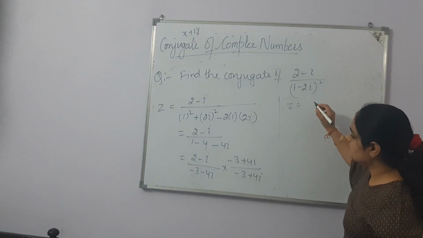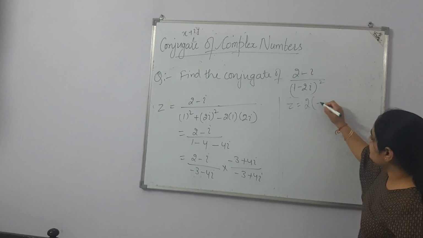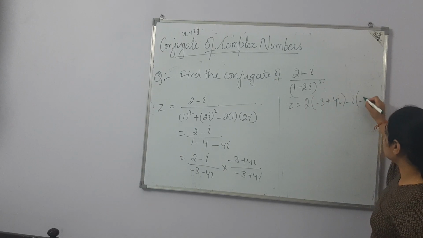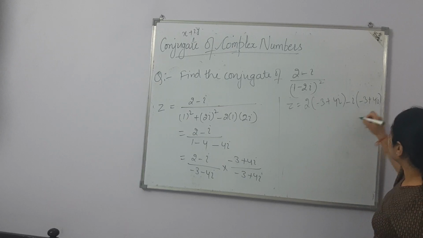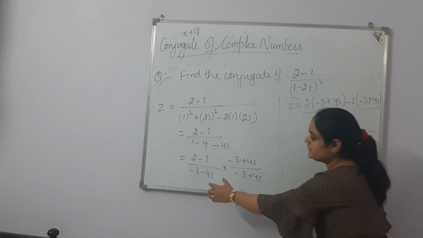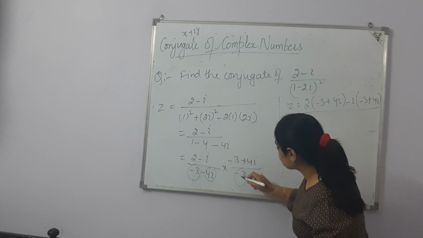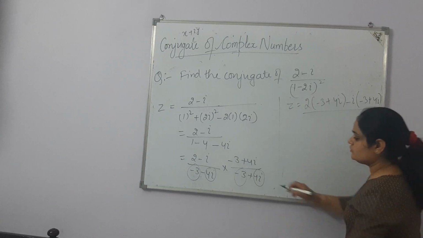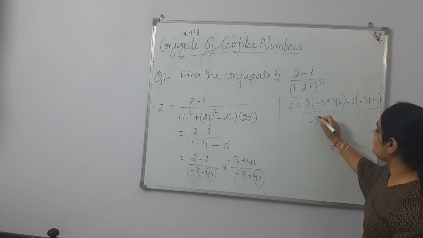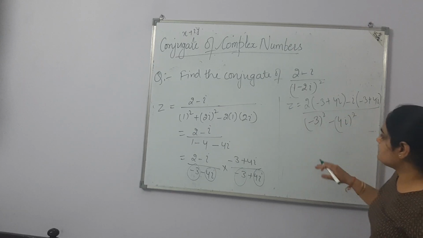So z becomes: 2 will multiply with this term, 2 into minus 3 plus 4 iota, minus iota into minus 3 plus 4 iota, whole upon, the formula is applicable. This is your a and this is your b. So a minus b, a plus b, it is a square minus b square.